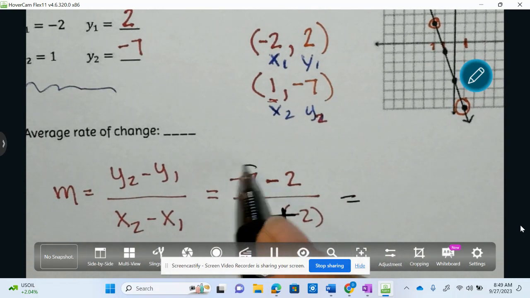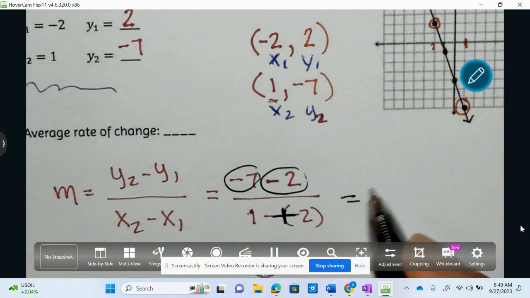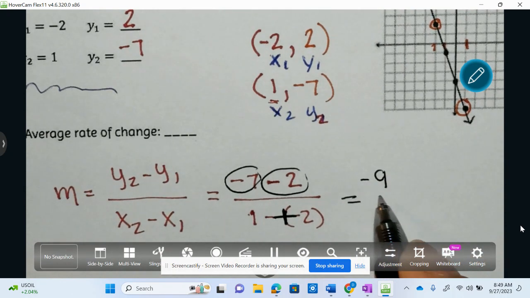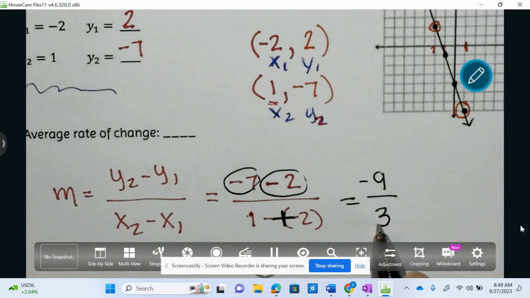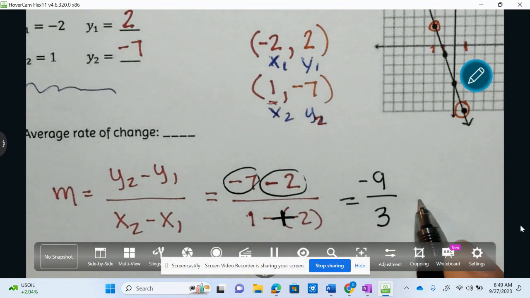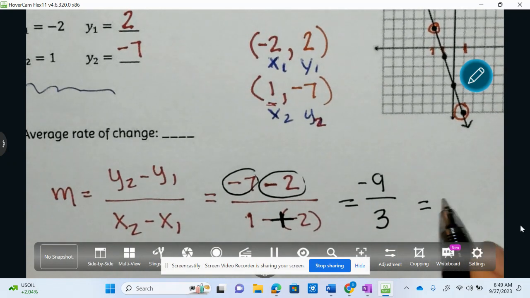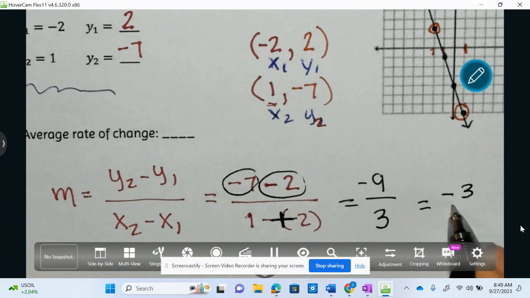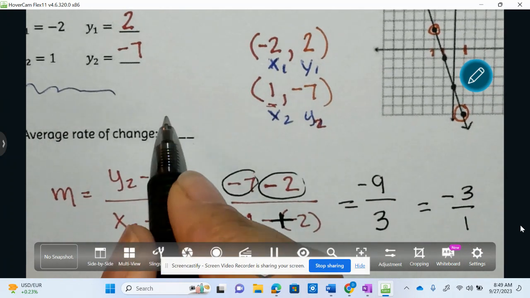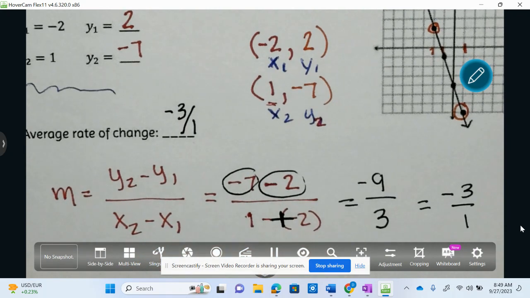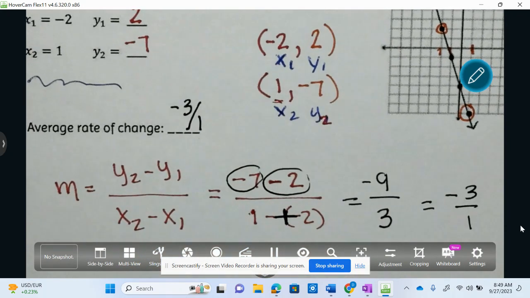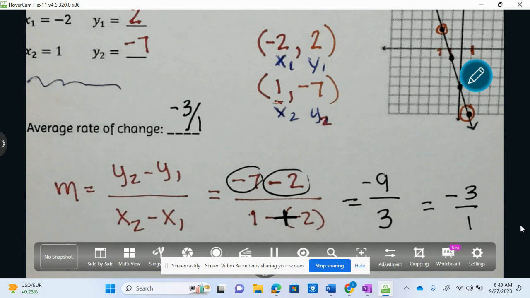So -7 and -2, same signs, add them together, keep the sign, is -9. And 1 plus 2 is, what is -9 divided by 3? So my average rate of change is -3 over 1. Are we okay with that?